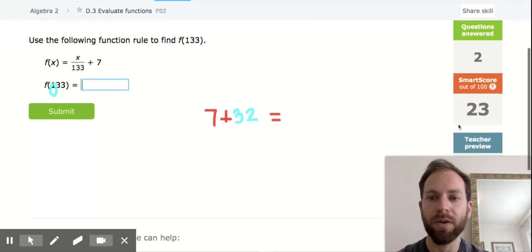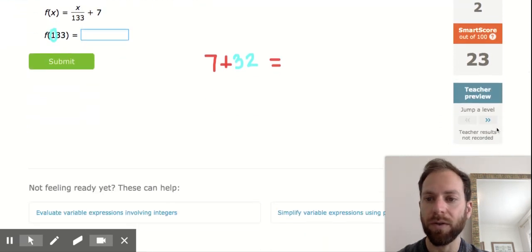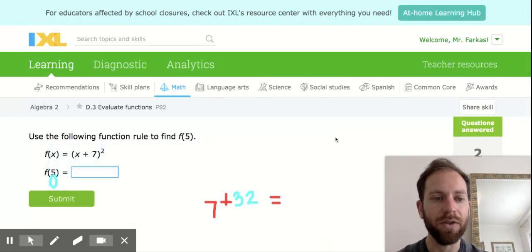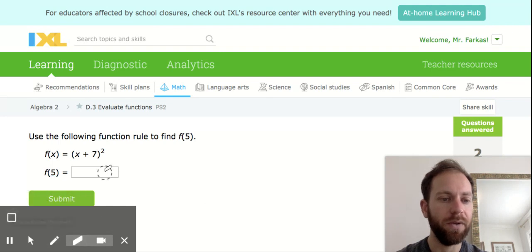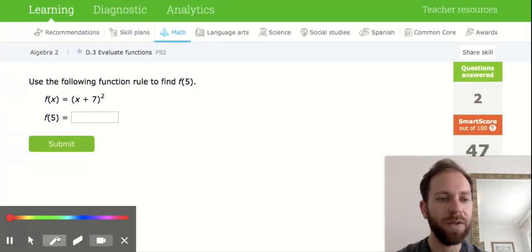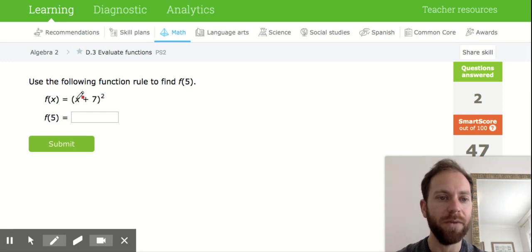Let's go a little bit further and see if we find any new skills that we need. All right, here we have something slightly different. f of x equals x plus 7 quantity squared. So here we're plugging in 5 for the x.